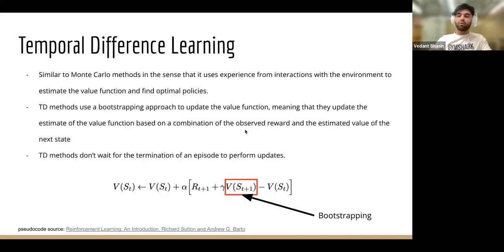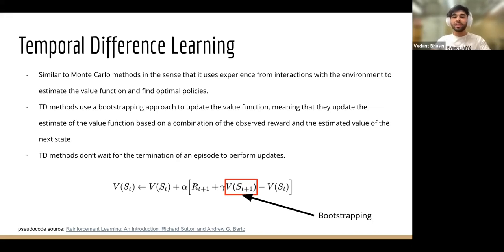The next improvement from Monte Carlo methods came in the form of temporal difference learning. This is similar to Monte Carlo methods in the sense that we still use experiences that our agent gathers from interactions with the environment. But the key difference is that one, we use something called bootstrapping, which means that to update the value function, we use a combination of the actual reward we get and an estimated value of the next state.